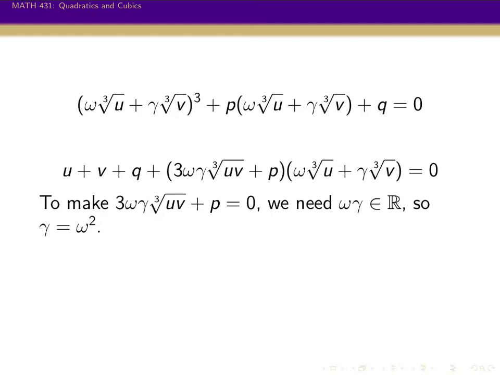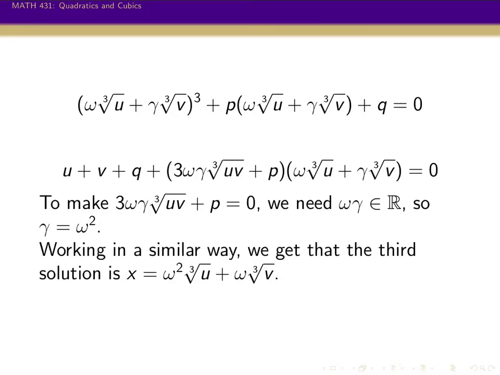Okay, and so this gives us a new root. That would be omega times the cube root of u plus omega squared times the cube root of v is equal to x. And we could do the same thing where we start off with omega squared instead of omega, and then it turns out that the term in front of v would have to be omega.